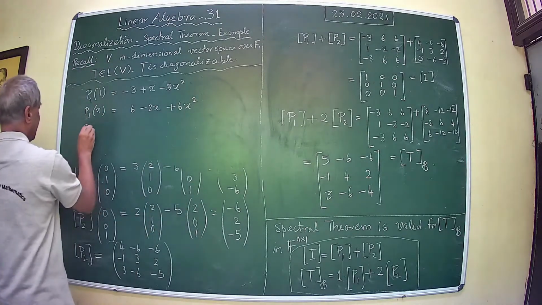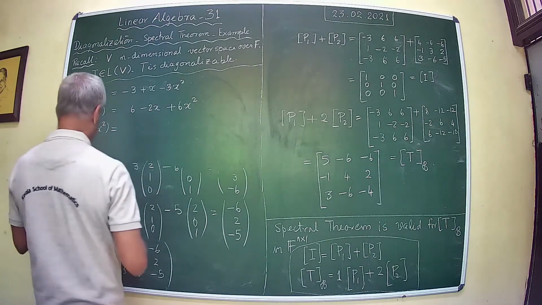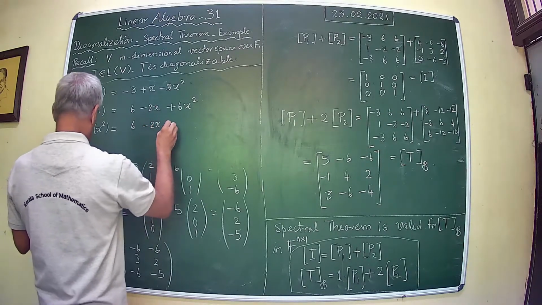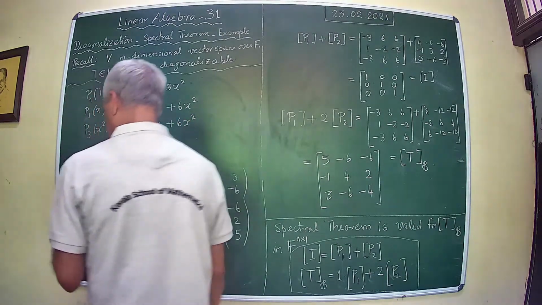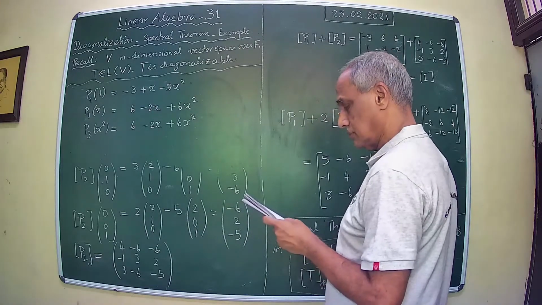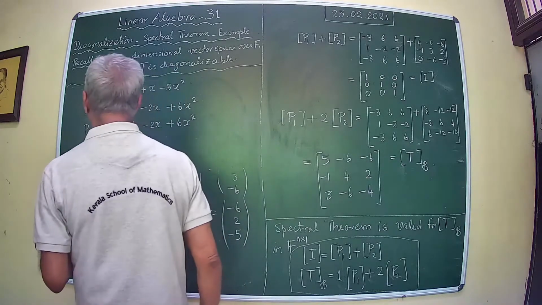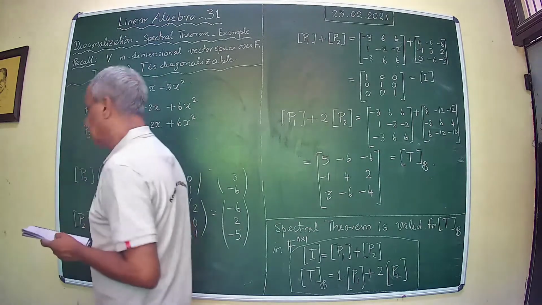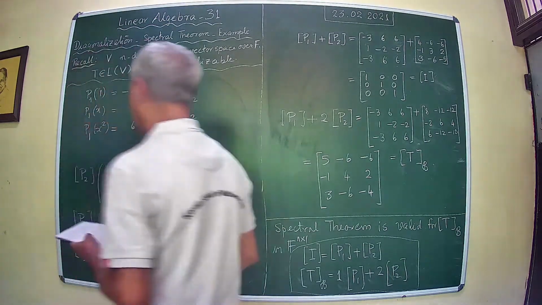P1 of x square equal to 6 minus 2x plus 6x squared. Okay. So this is the map that defines P1. Okay.